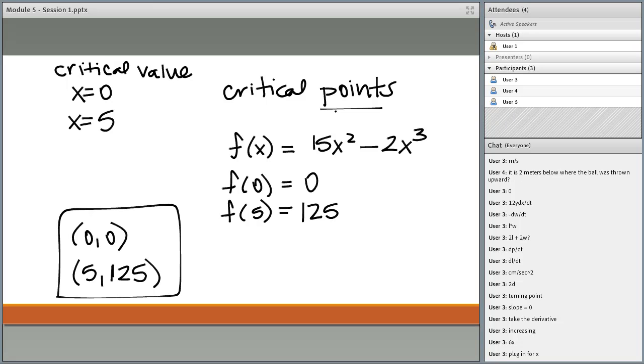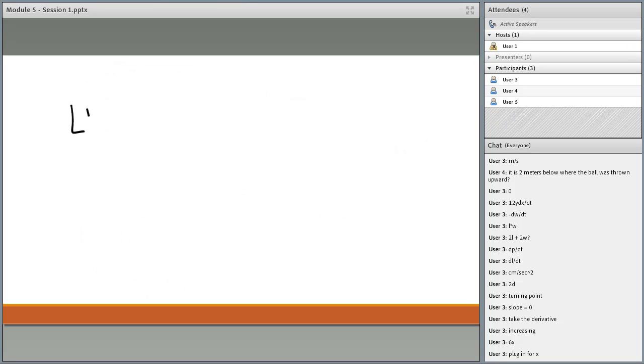On Thursday, we're going to talk about L'Hopital's rule. L'Hopital's rule is used when we're calculating limits. And when we calculate limits, there's something called indeterminate forms.